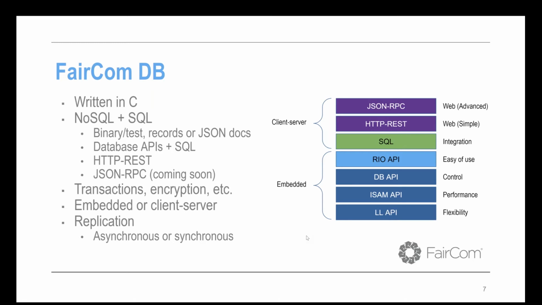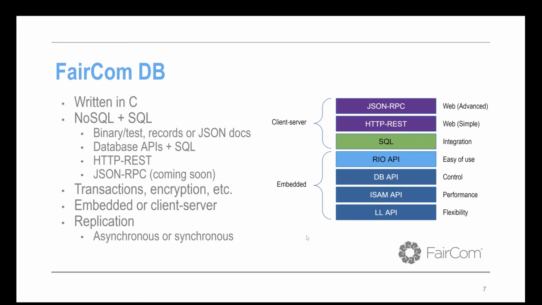As we move up the stack, you have ISAM and standard database APIs, and then the little blue layer is the Rio API, our record IO API. I've been building a Java prototype for this, which I'll show you later during our demo. These APIs are really oriented towards embedded use cases.